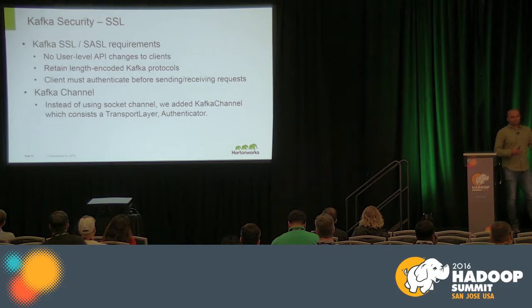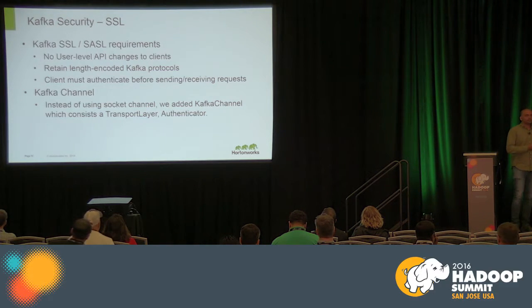When we started looking at adding SSL support and SASL support, we wanted to make sure there were no user-level API changes. That is, as a user or client of Kafka, you're not supposed to worry about any changes happening inside the stack; we took care of that. In Kafka, pretty much all the requests and responses are length encoded. That is, you're saying that you're going to send a request and that this request is of this much size.